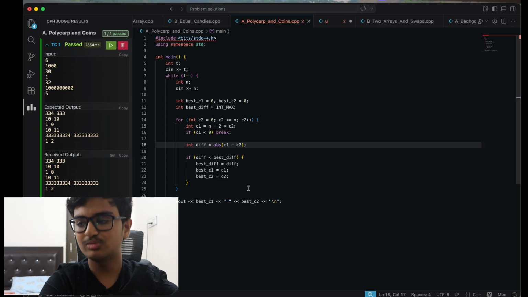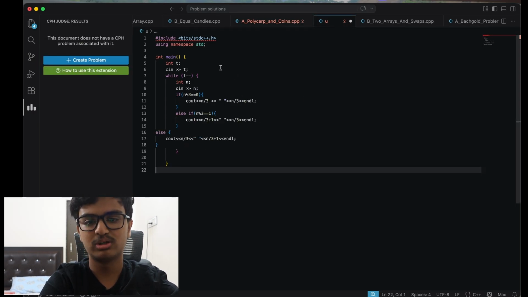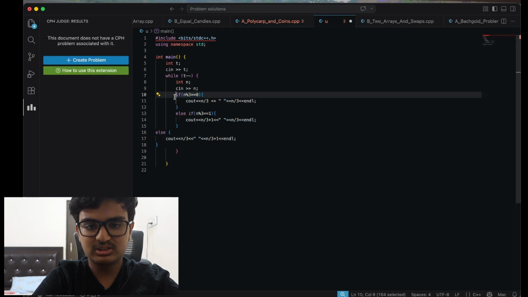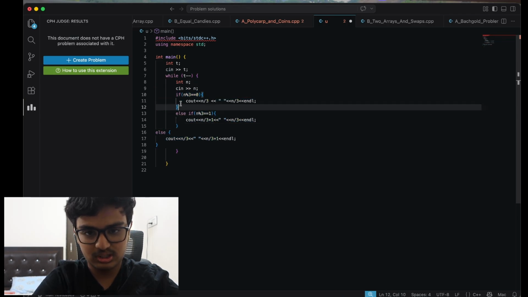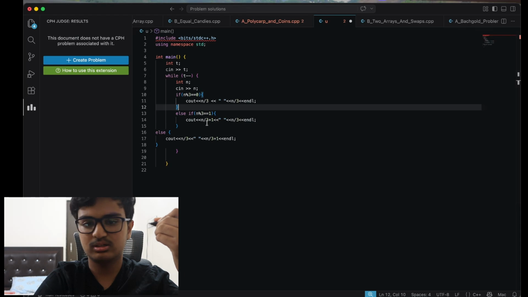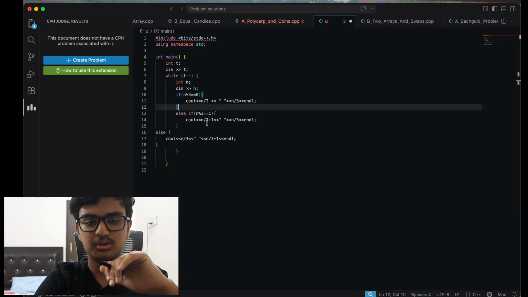So the actual solution for this is utilizing the modulus part here. We are just using the value of n modulus 3 here, and distributing that across the two variables.